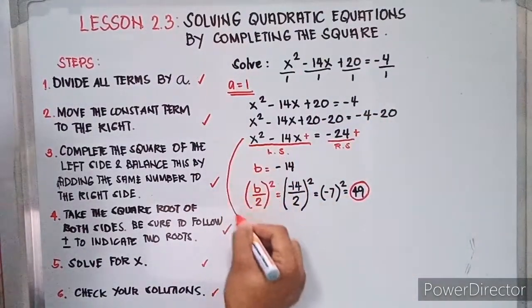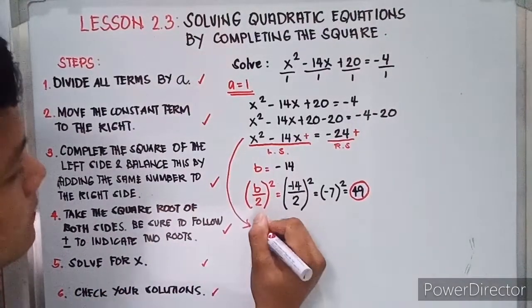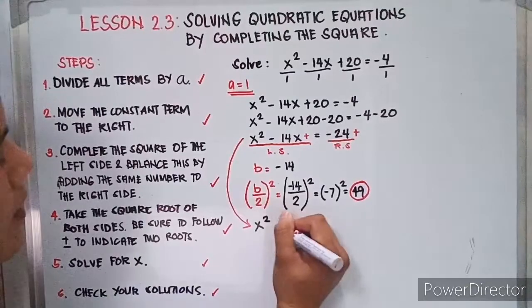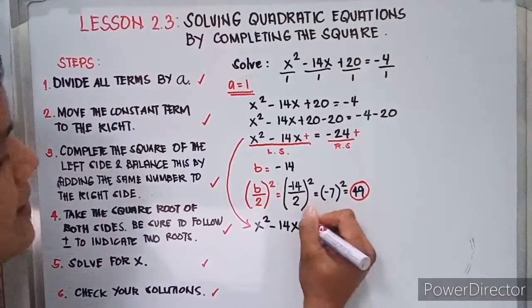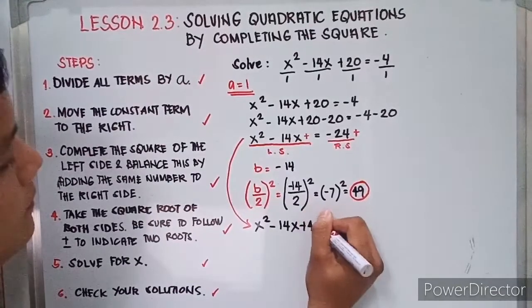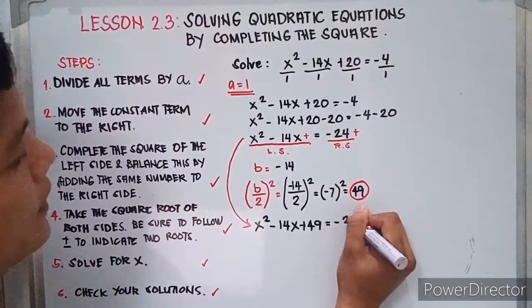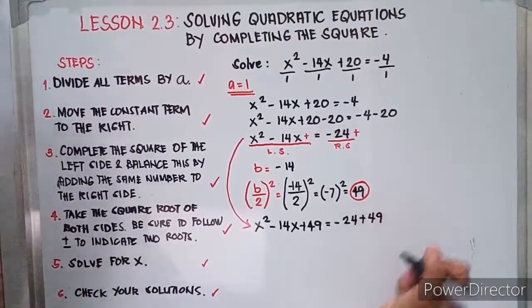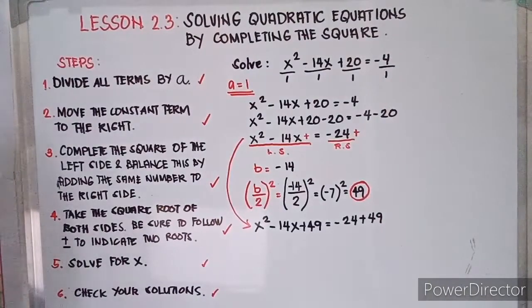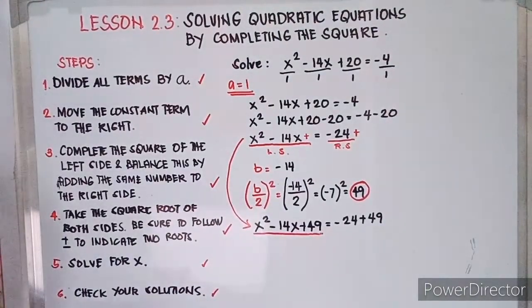So that will be x squared minus 14x plus 49 equals negative 24 plus 49. As you can see, our left side of the equation is now a perfect square trinomial.